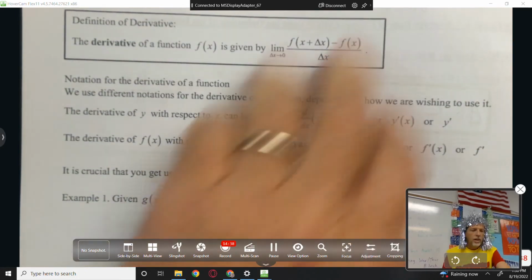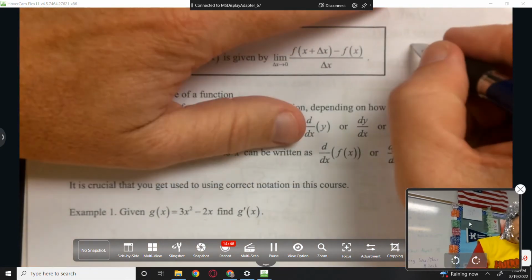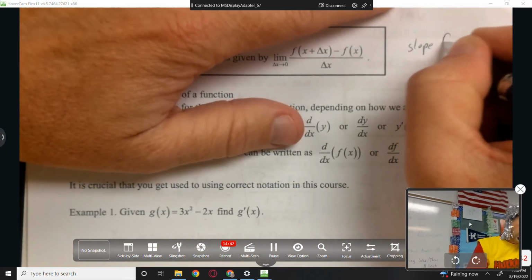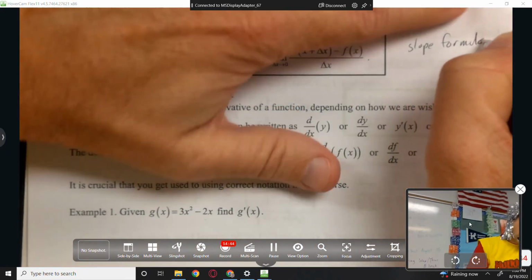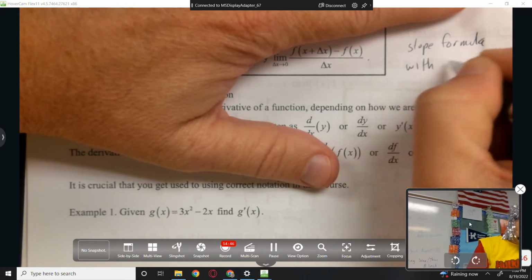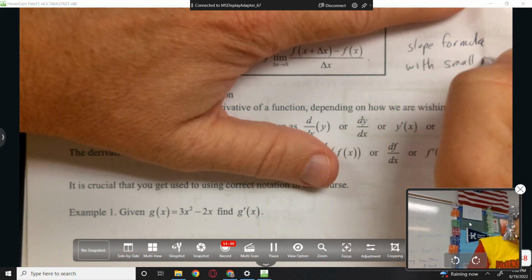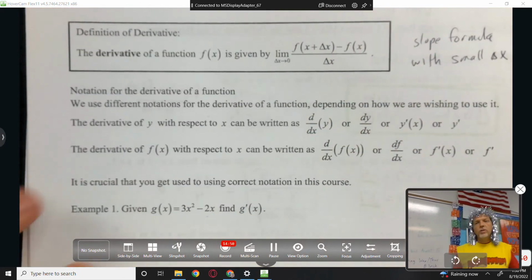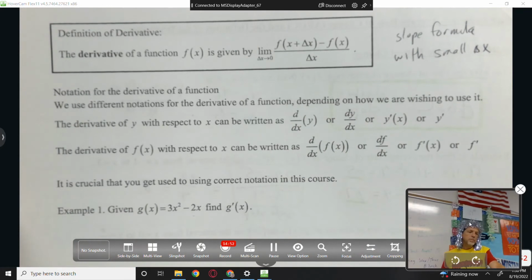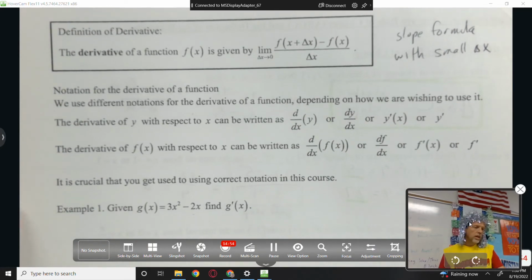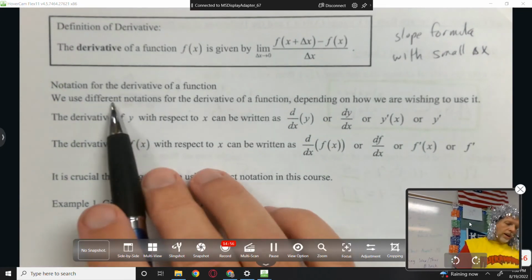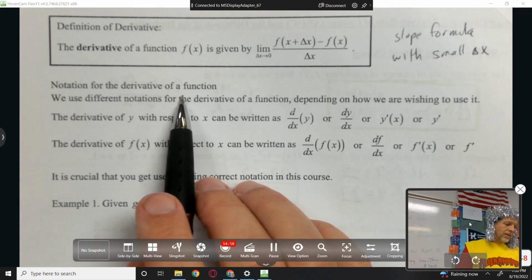But again, it's the slope formula, with a small delta x, a really small delta x, like nearing 0. All right, lots of different notations that all mean the same thing.